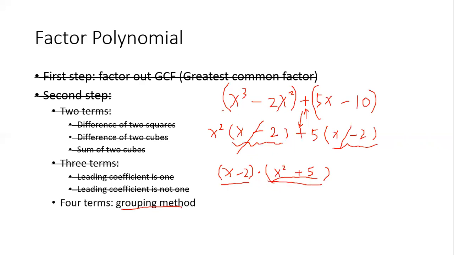So this polynomial with 4 terms can be factored into x minus 2 times x squared plus 5. Okay, so that is the grouping method.